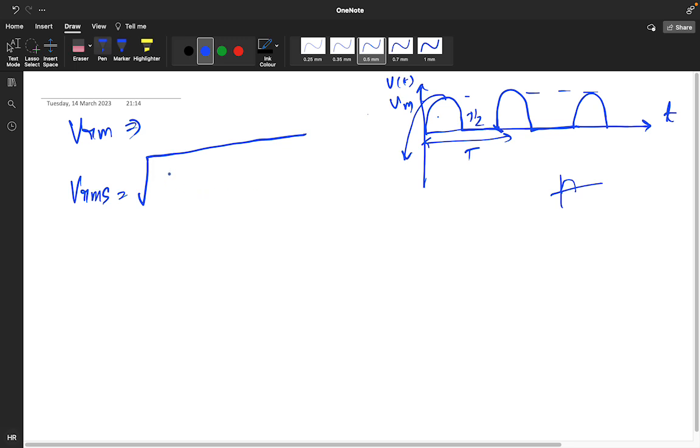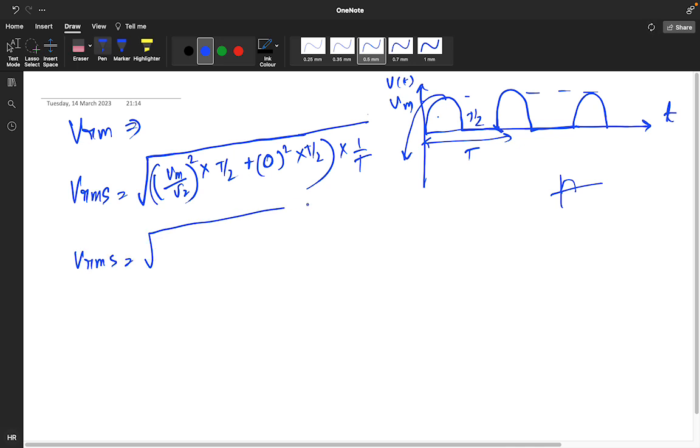So you need to put Vm by root 2 the whole square, up to T by 2 period, plus the value is 0, so 0 the whole square, up to T by 2 value. And you have to divide overall by the time period. You will get the RMS value for this signal.